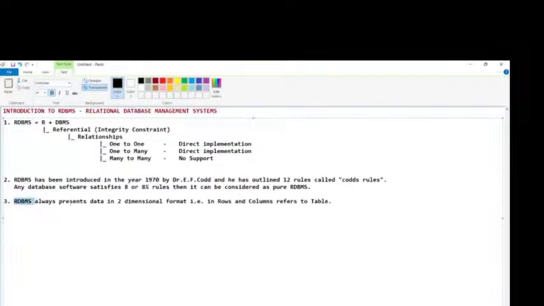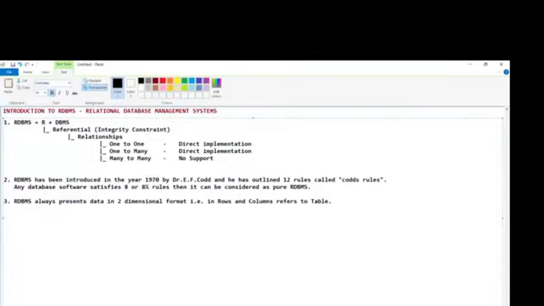In this third point I use the word presents. How do you present your data in RDBMS? In table format, two-dimensional format. In the next point I'll use the word represents. Two different words, two different meanings, two different approaches. Here I'm talking about presentation of data in table format, with rows, columns, etc.